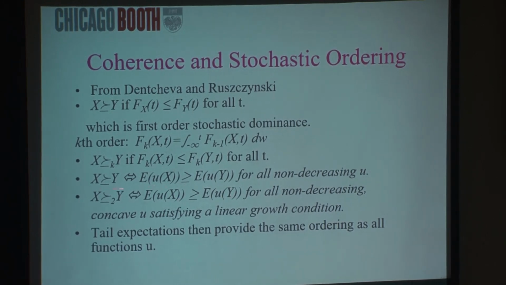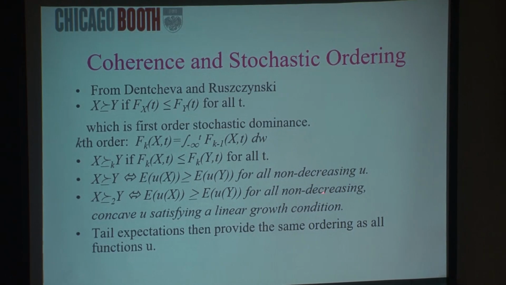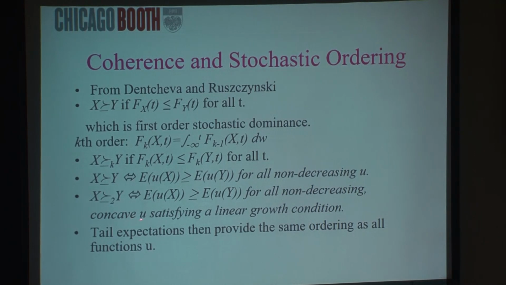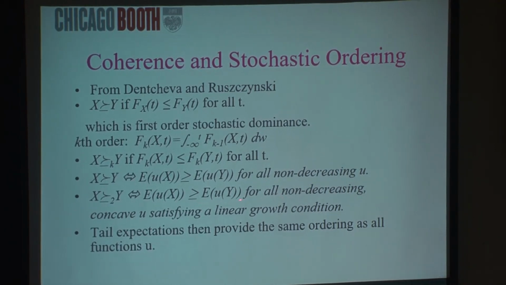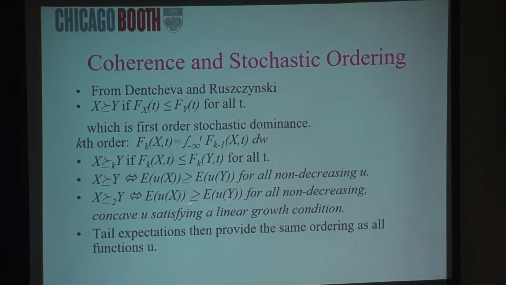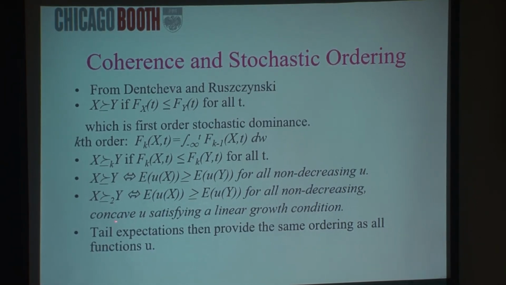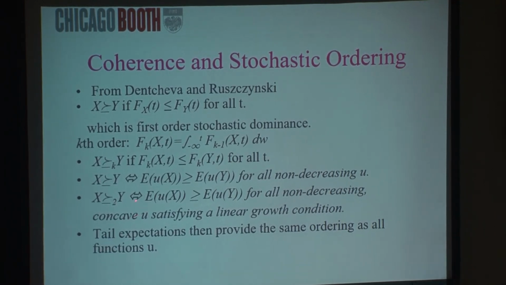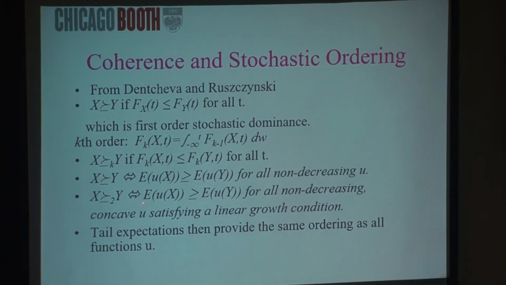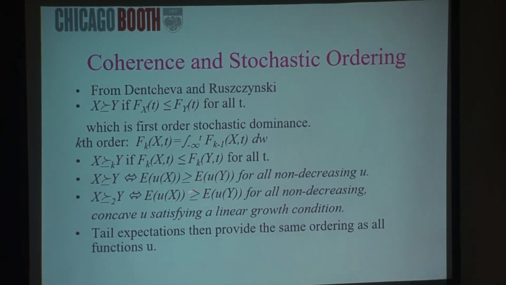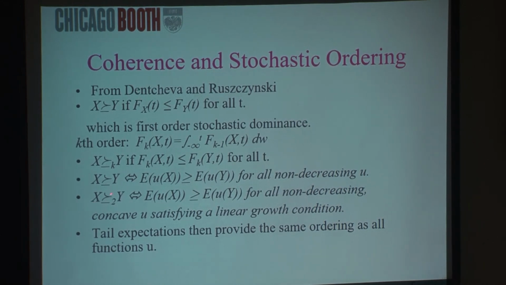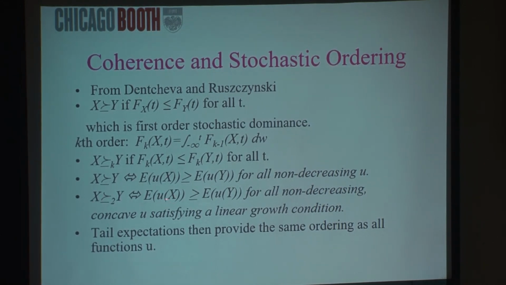What that says is for coherent risk measures, because coherent risk measures have this property, they're non-decreasing and they would be concave if I'm subtracting them off. So if I want to maximize and I subtract off a coherent risk measure, I'm going to get something non-decreasing and concave, and therefore I would like better things to have higher expectation than smaller things. So second order dominance would order coherent risk measures the same way.